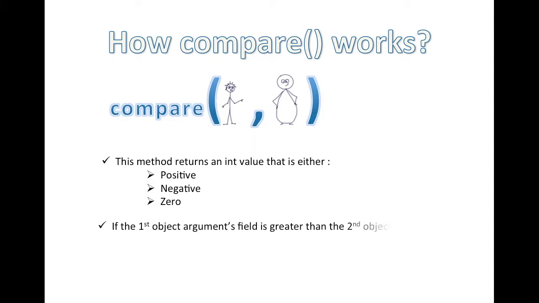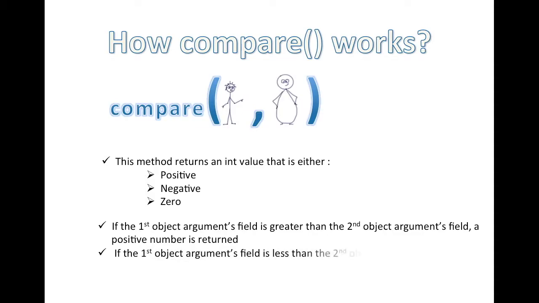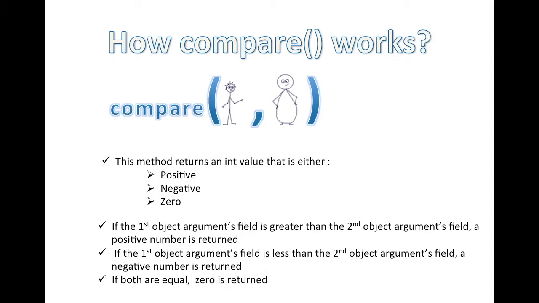If the first object argument's field is greater than the second object argument's field, a positive number is returned. If the first object argument's field is less than the second object argument's field, a negative number is returned. If both the objects are equal, then 0 is returned.